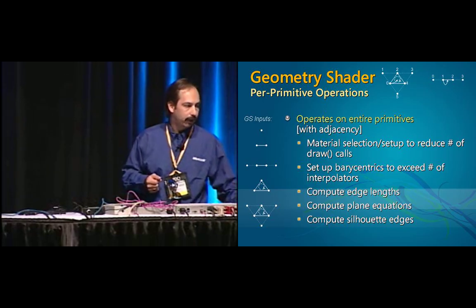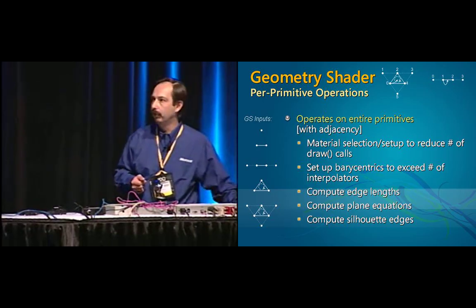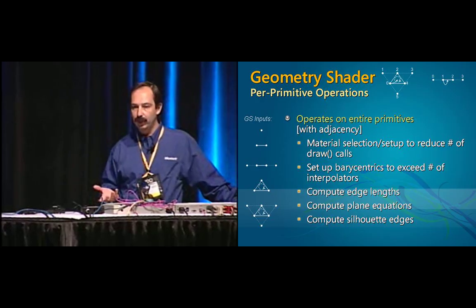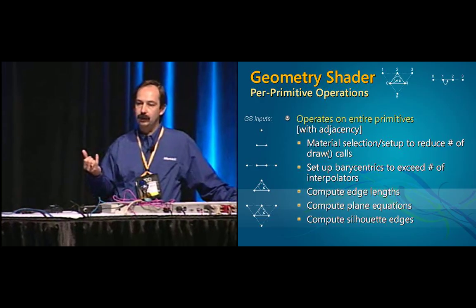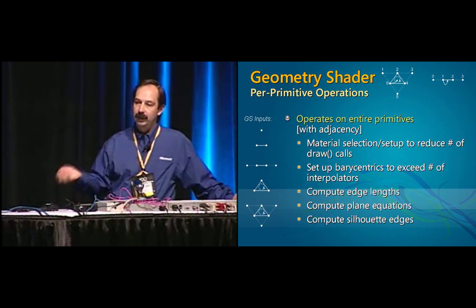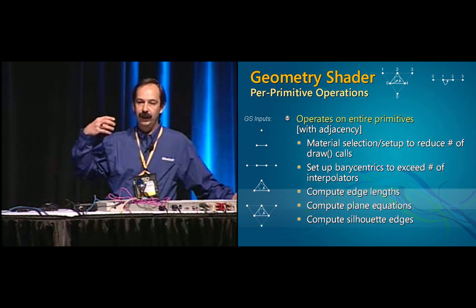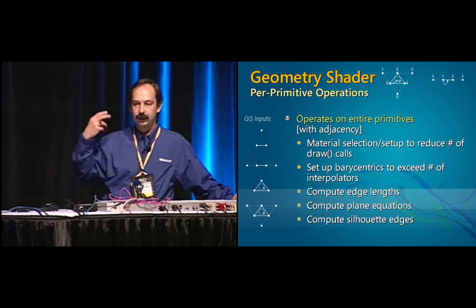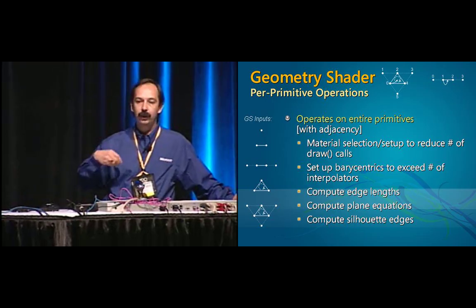The geometry shader, which is the other big component change, uses entire primitives. The vertex shader worked on vertices, the pixel shader worked on pixels, and the geometry shader works on the entire primitive and has a bunch of information about that primitive. Things like, what are the adjacent vertices? You can tag that geometry with information.